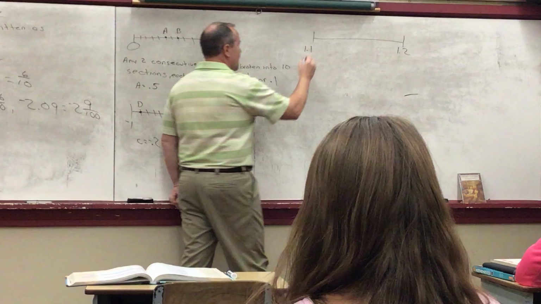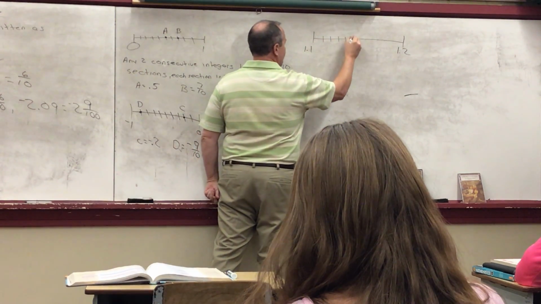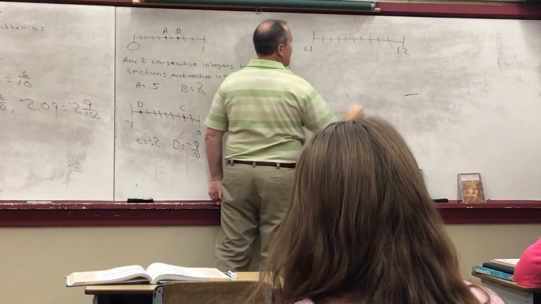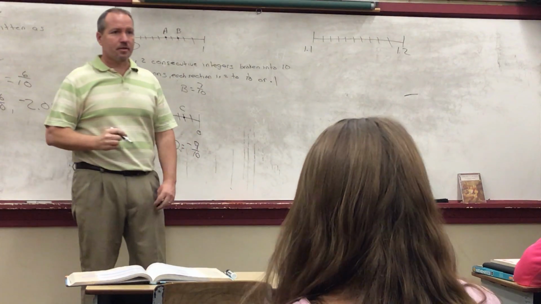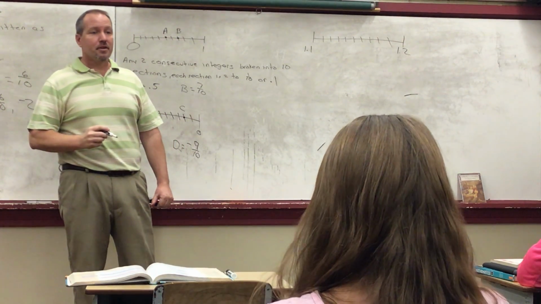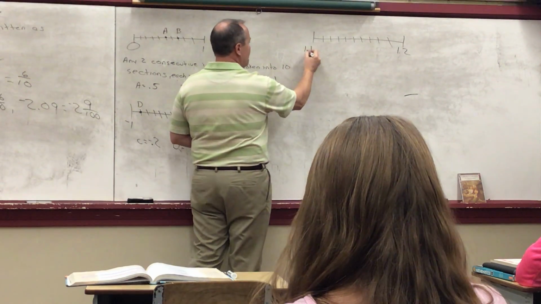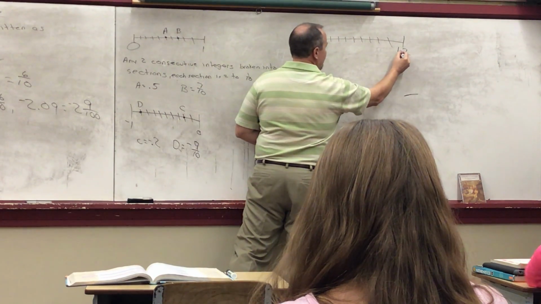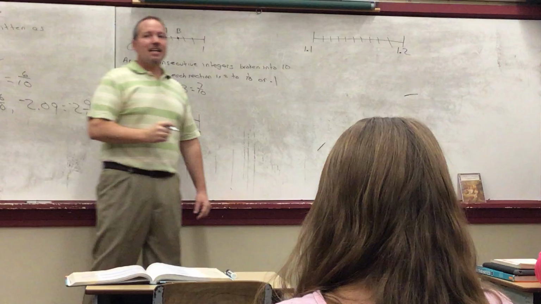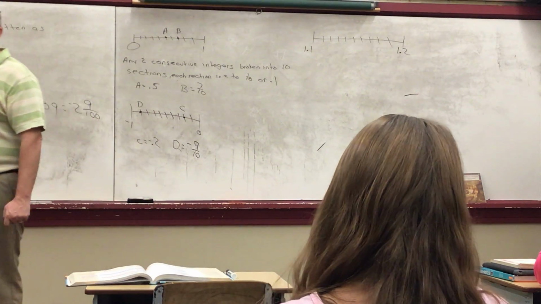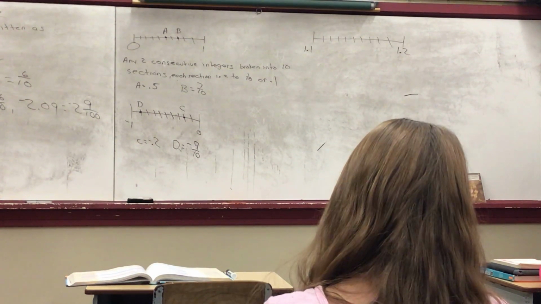And it's broken into 10 sections: 1, 2, 3, 4, 5, 6, 7, 8, 9, and 10. Now, here's 1 1/10. Here's 1 2/10. In that situation, each line would be worth how much?